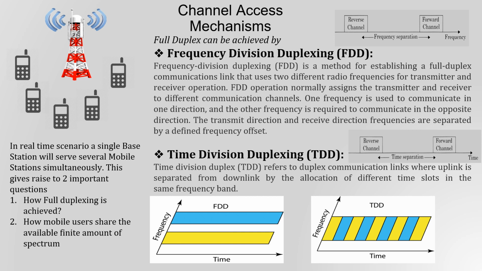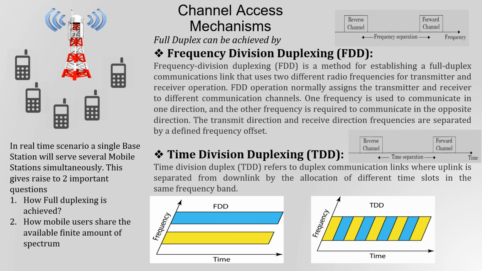As per our concept, in time division duplexing, the forward channel and the reverse channel are separated with respect to time, which means the reverse channel and the forward channel use the same frequency but at different time periods. In time division duplexing, the uplink is separated from the downlink by allocation of different time slots.